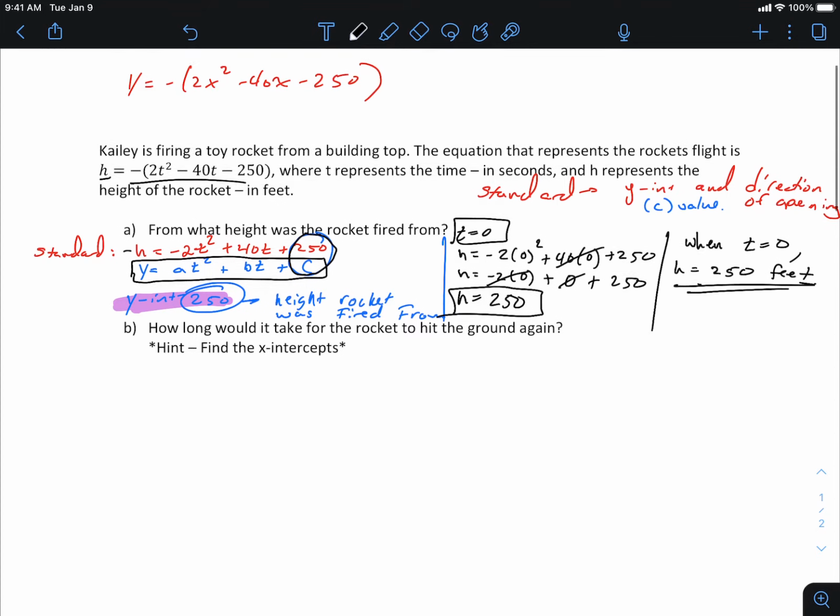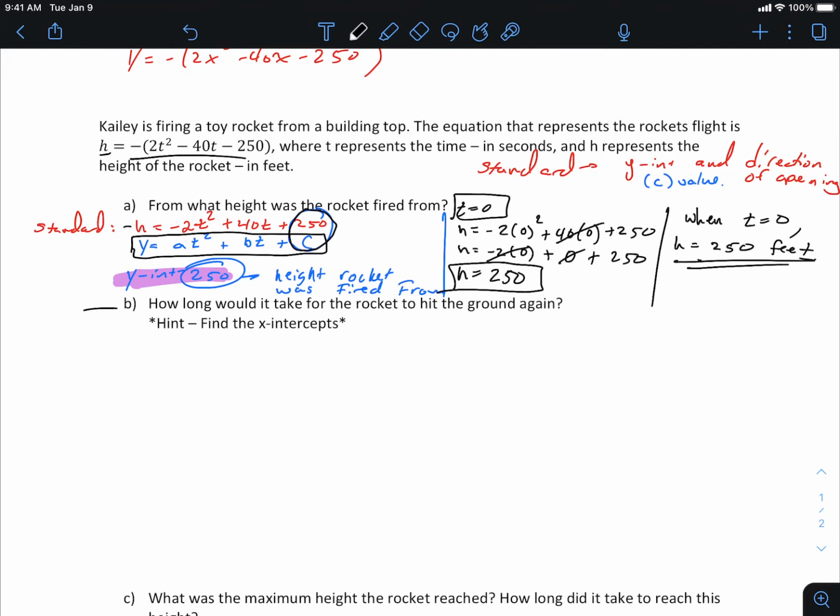Okay, so here's the second question. How long would it take for the rocket to hit the ground again? So basically what I like to do sometimes is I draw my picture. And here's the question. We're up here, I don't know, maybe we're on the roof of this building or something.